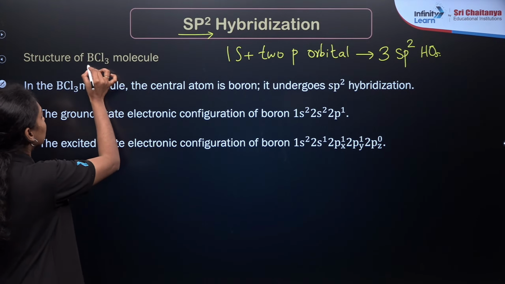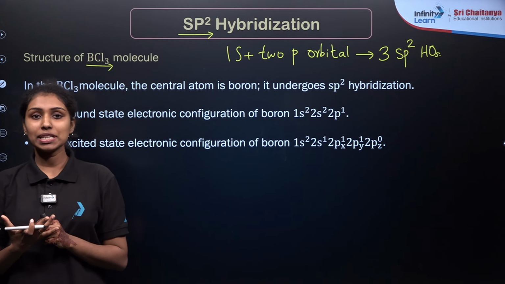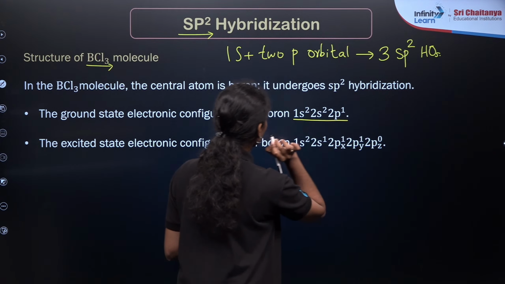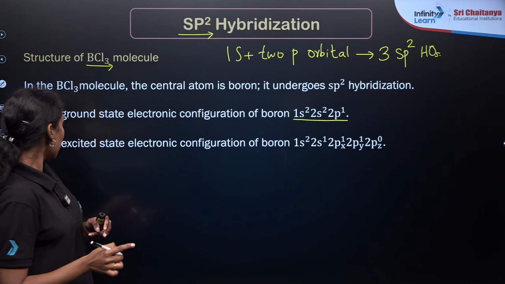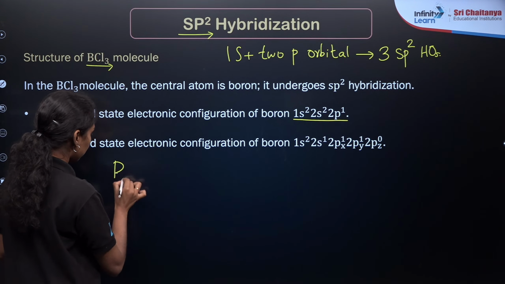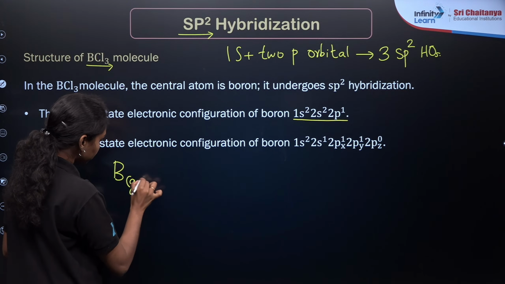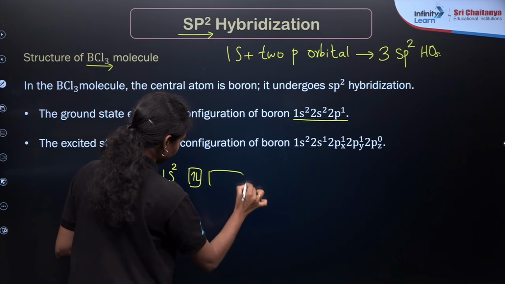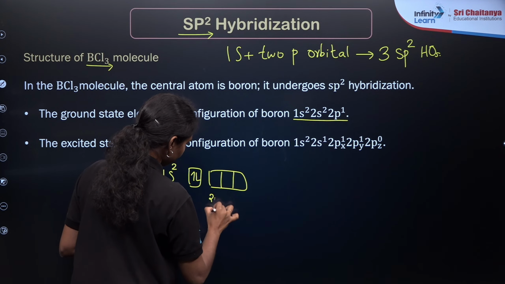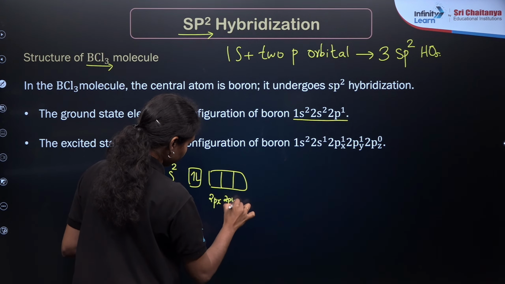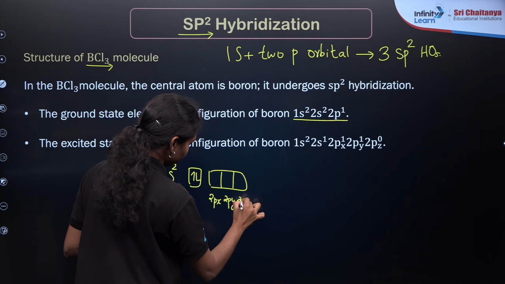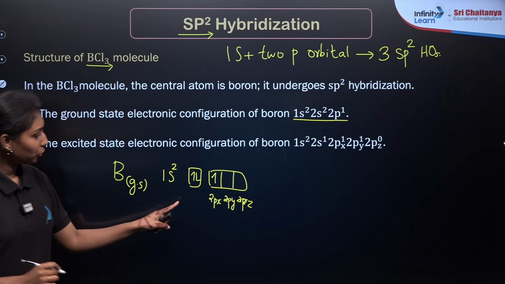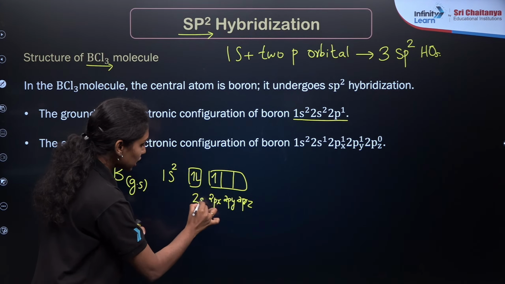So here it is BCl3, right? The central atom is boron here. The electronic configuration of boron is 1s2, 2s2, 2p1, right? So what we need to do is focus on sp2 hybridization.